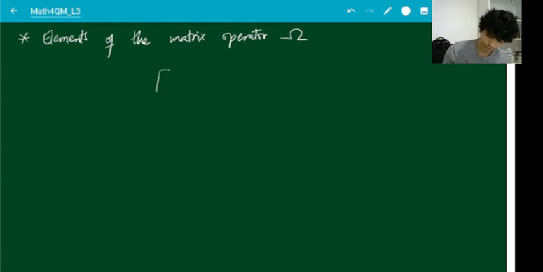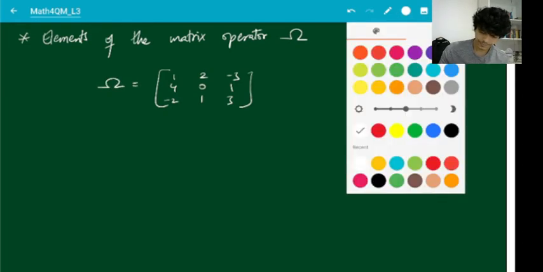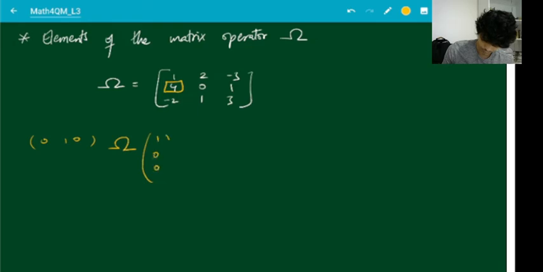So for example, let's say I give you a 3 cross 3 matrix: 1 2 minus 3, 4 0 1, minus 2 1 3. Let's call this omega. And if I ask you what is the 2 comma 1 element of omega? You can check that if you want to extract this, you need to take omega and operate with 0 1 0 on the left and 1 0 0 on the right.